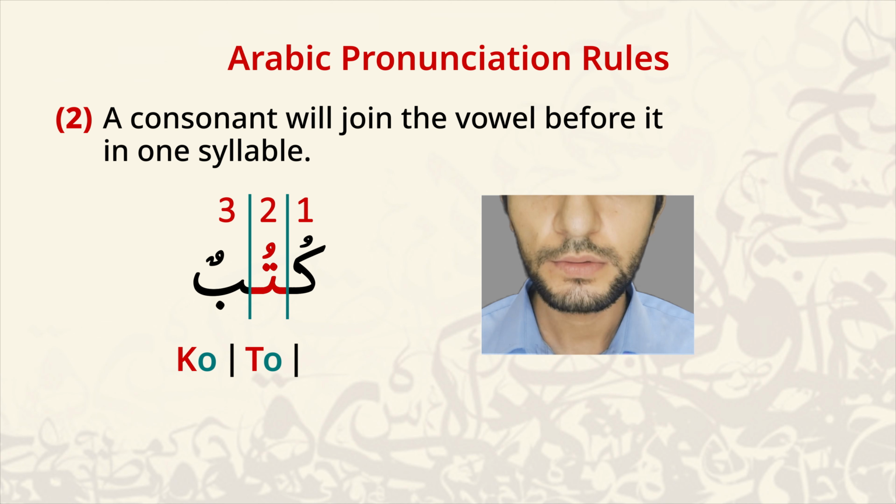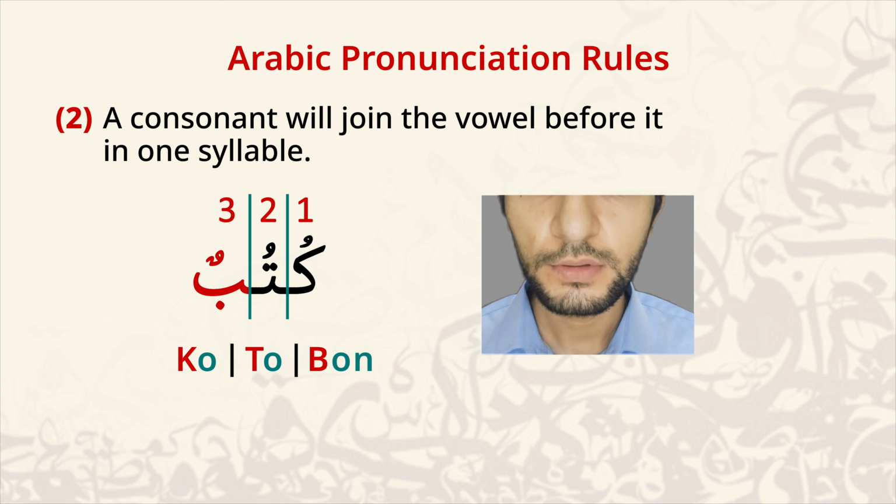We analyze it the same. The letter sounds as b. It has Dammah, so we do u: bu. And because this Dammah is doubled, we need to add a consonant N sound. So the third syllable sounds like bun.